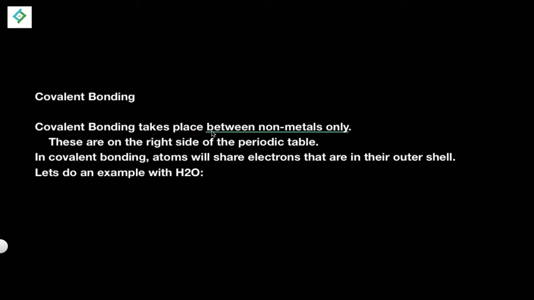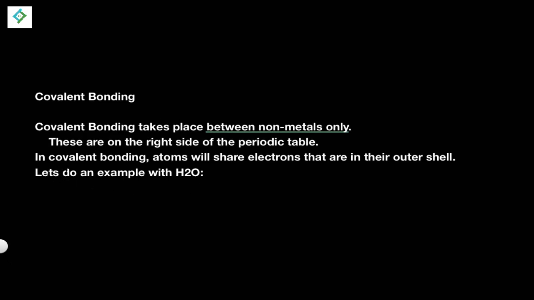If you look at the periodic table, you have the whole transition metals section, you have groups 1 and 2, which are metals as well, and then all the bottom of the periodic table refers to the more radioactive elements, so things like uranium, plutonium, etc. All of those are metals. And then as you go to the right-hand side, as you go through into groups 5, 6, 7, and 8, you're talking about non-metals. Now, that's where we see covalent bonding takes place.